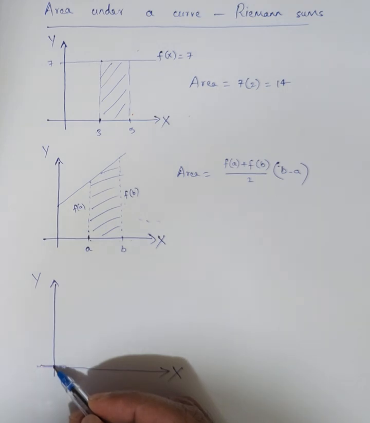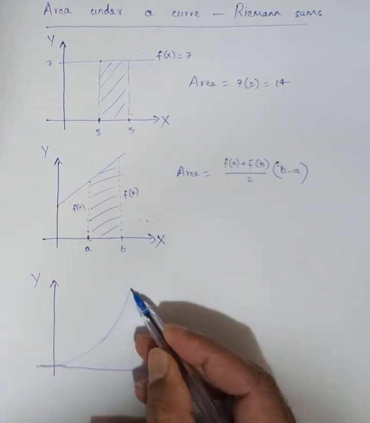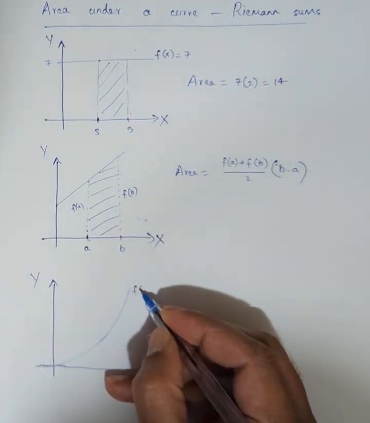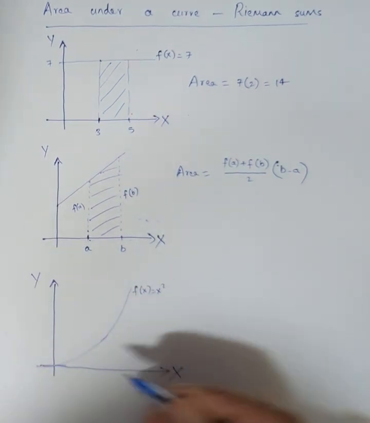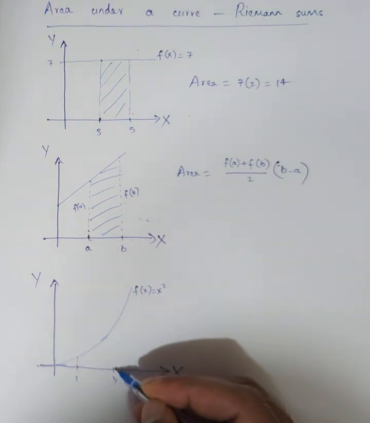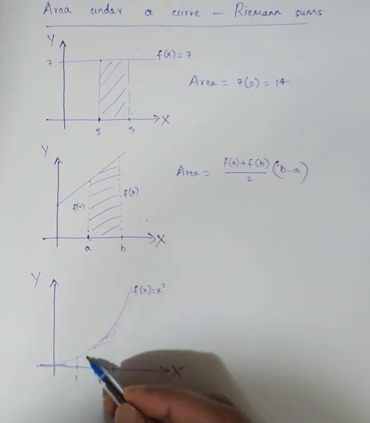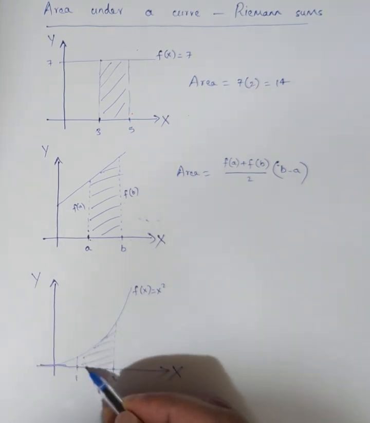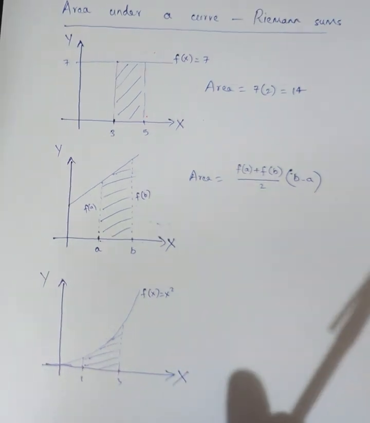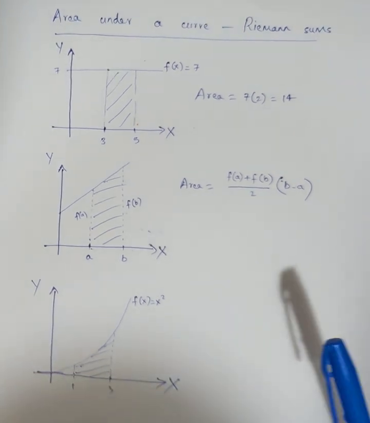So say the graph is y equals x square, or f of x equals x square, and you're asked to find the area between x equal to 1 and x equal to 3. Then notice, we don't know any method to find this particular area. And that's where Riemann sums will help us.